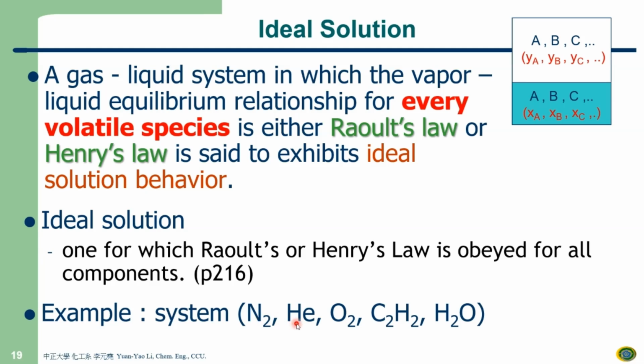For helium, which law do you apply? Henry's law, because again, it's not easy to condense. Oxygen, Henry's law. Water, which one? Raoult's law, right? Because water is easy to condense, you need to use Raoult's law for the water in this system. If these five species can apply either Raoult's law or Henry's law, this system will be called an ideal solution.